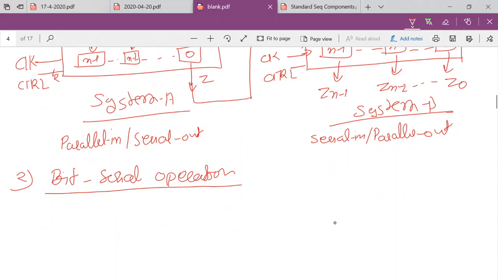Suppose we want to perform the addition between two numbers of n bits, and we only have one adder of 1 bit. Fine, we only have a 1 bit full adder, and we want to perform n bit addition, right? So either we can use those approaches we have discussed, carry ripple adder or carry look ahead adder, that means using n full adders, right?